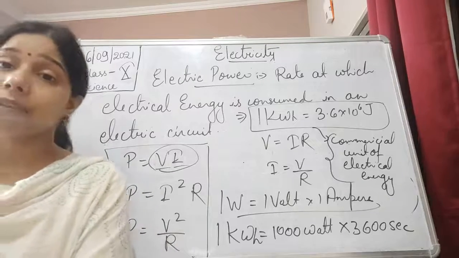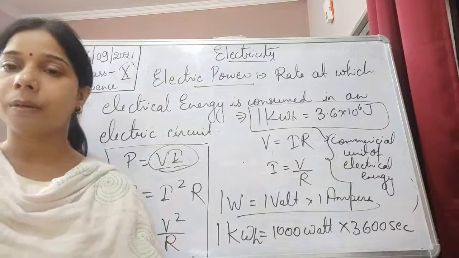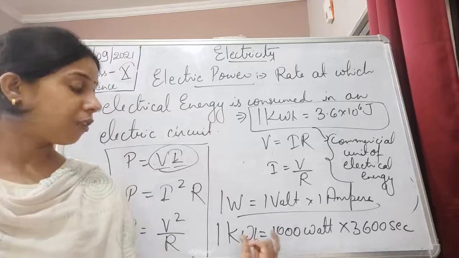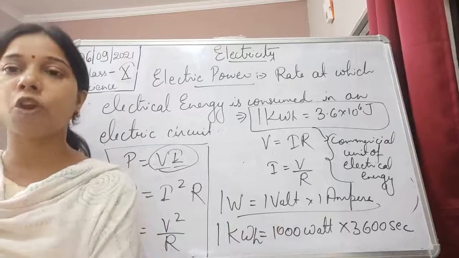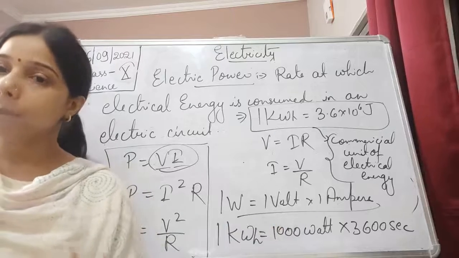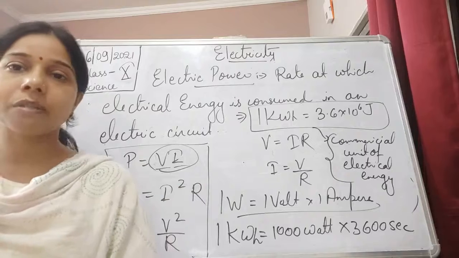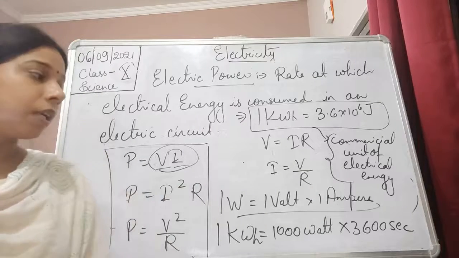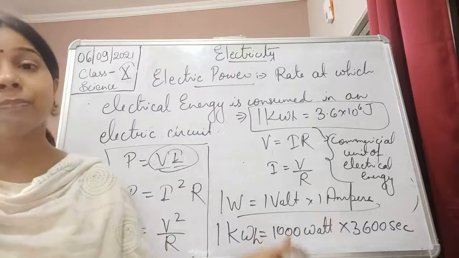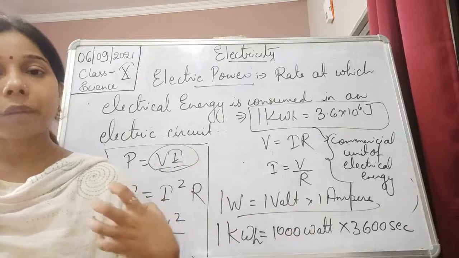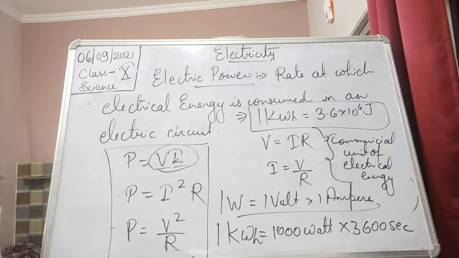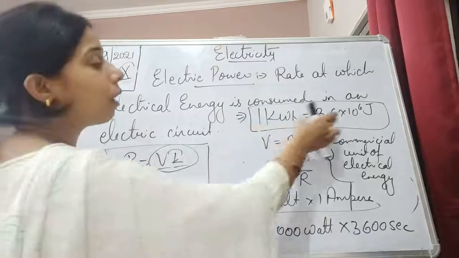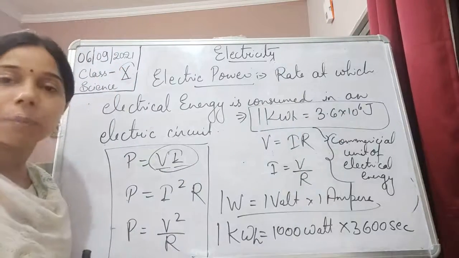It always came in kilowatt hour. Why is this so? Because it is a huge amount, so it cannot be conveniently measured in joule. Because the amount is larger, we use kilowatt hour instead of joule. So what is the relationship between kilowatt hour and joule? We found out that 1 kilowatt hour is equal to 3.6 into 10 to the power 6 joule.